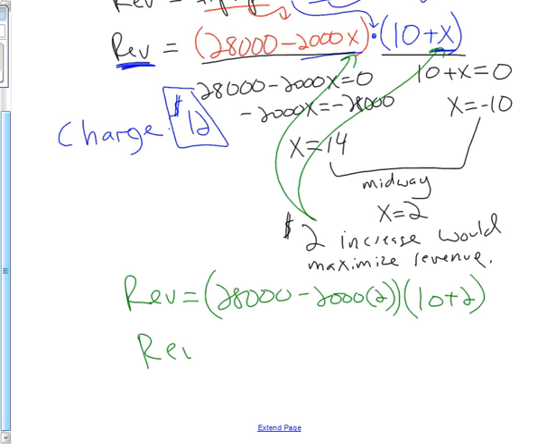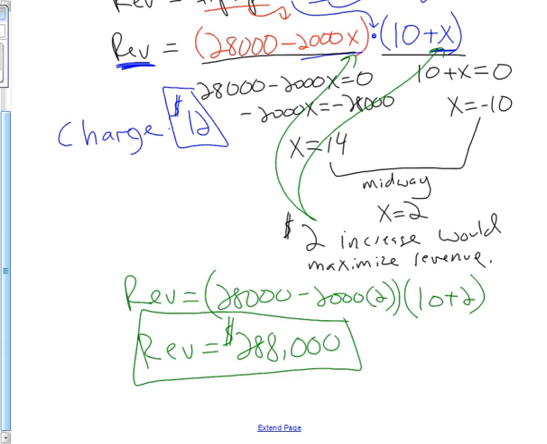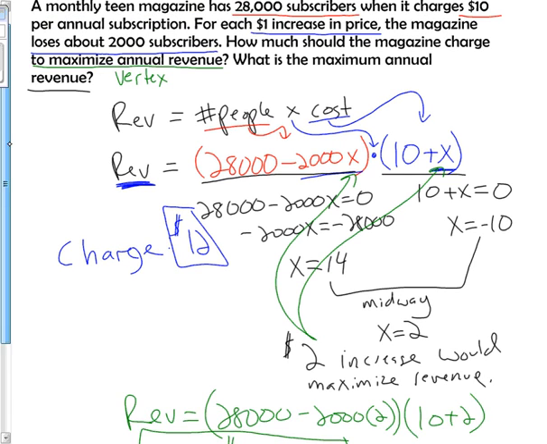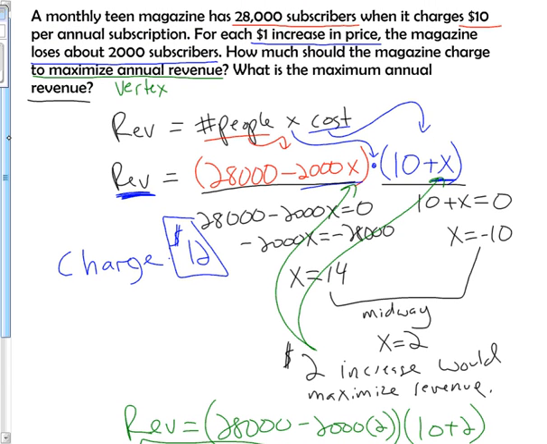And when that is all said and done, we get that our maximum revenue is $288,000. All right, so a $2 increase would make our revenue $288,000.